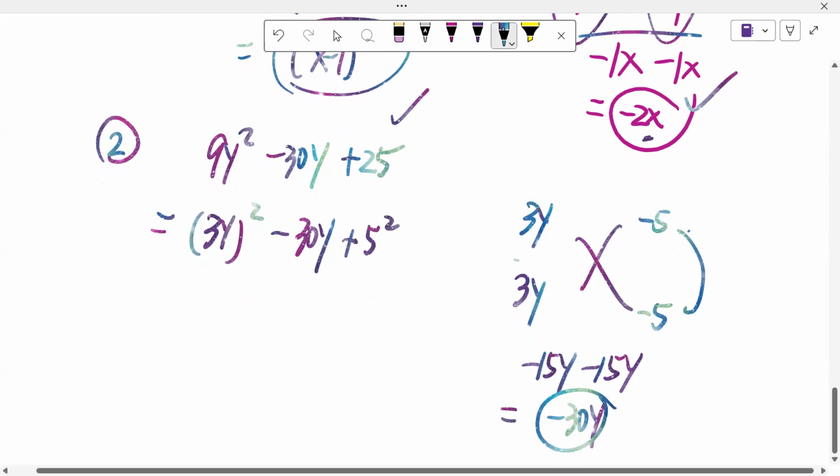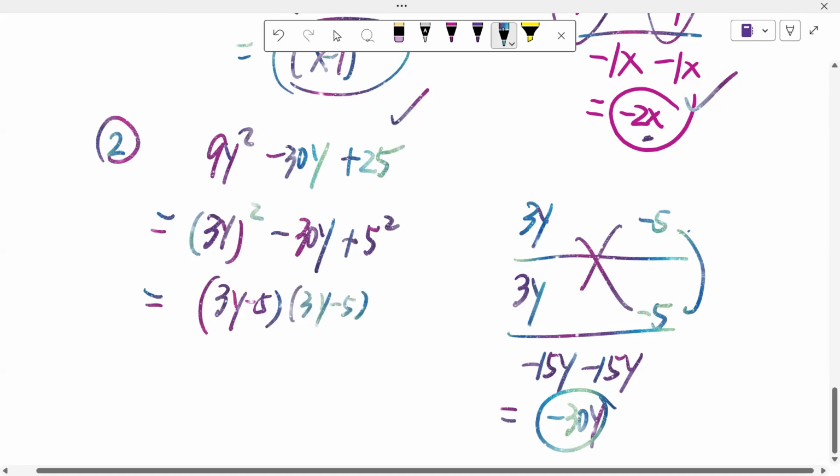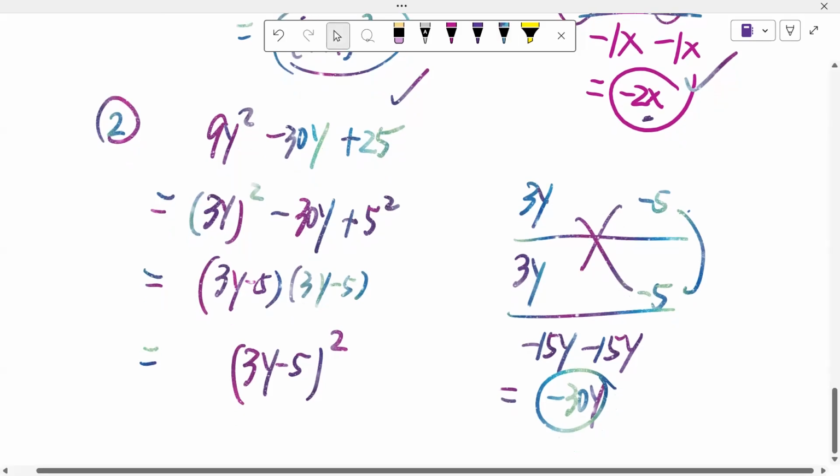And so that means it's 3y minus 5, 3y minus 5. This is the perfect square, 3y minus 5 squared. Any question about this?